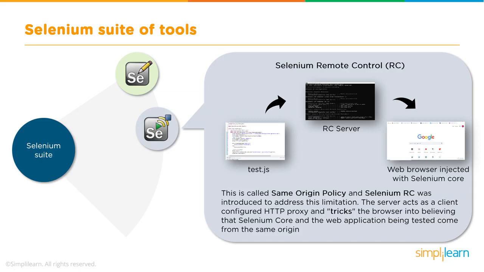So the cycle starts from your test scripts, the Selenium commands are interpreted by your RC server and sent to the browser, where simple JavaScript is executed, and the results after the execution are sent back to your test scripts through the RC server. This is a simple cycle. It is repeated for every command written in your test script until your complete test case is executed. So this is how the RC worked. Now this RC had a few shortcomings, and what are those?